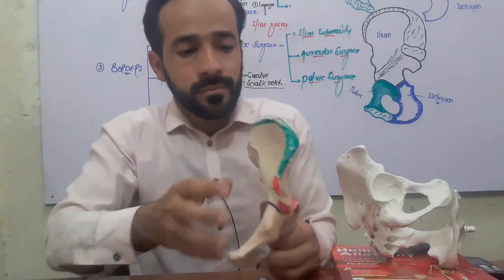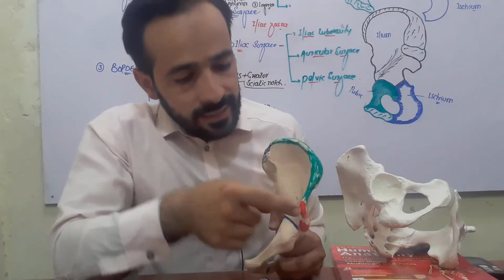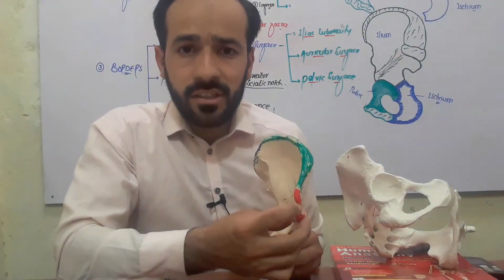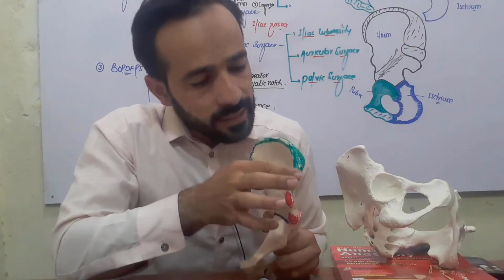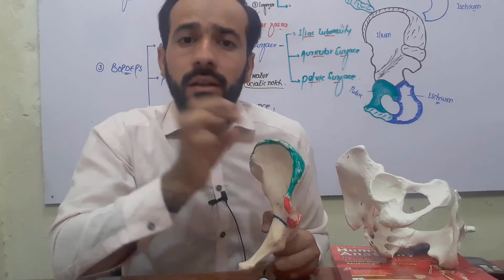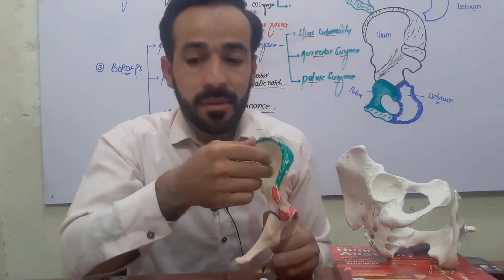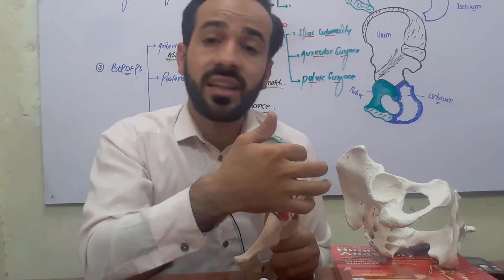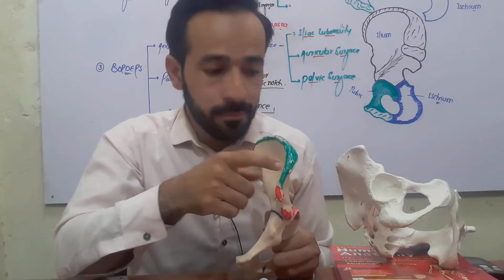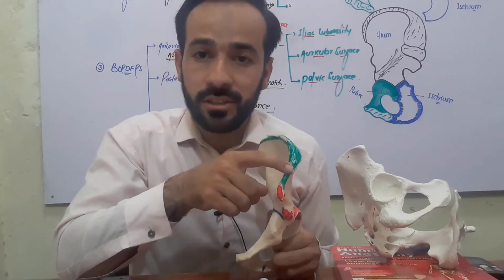Now look carefully. I had told you that this is the spine, the ventral spine, right? Then there is the ventral segment. Now we have written that the ventral segment has 3 parts, right? The lateral lip, the medial lip, or we say the outer lip, the inner lip, and the intermediate part, right?